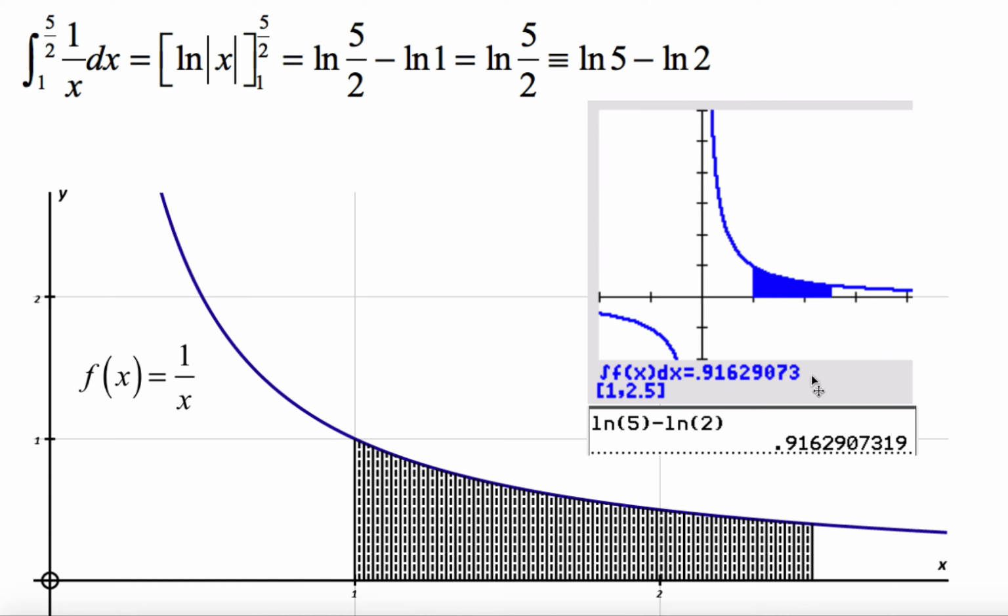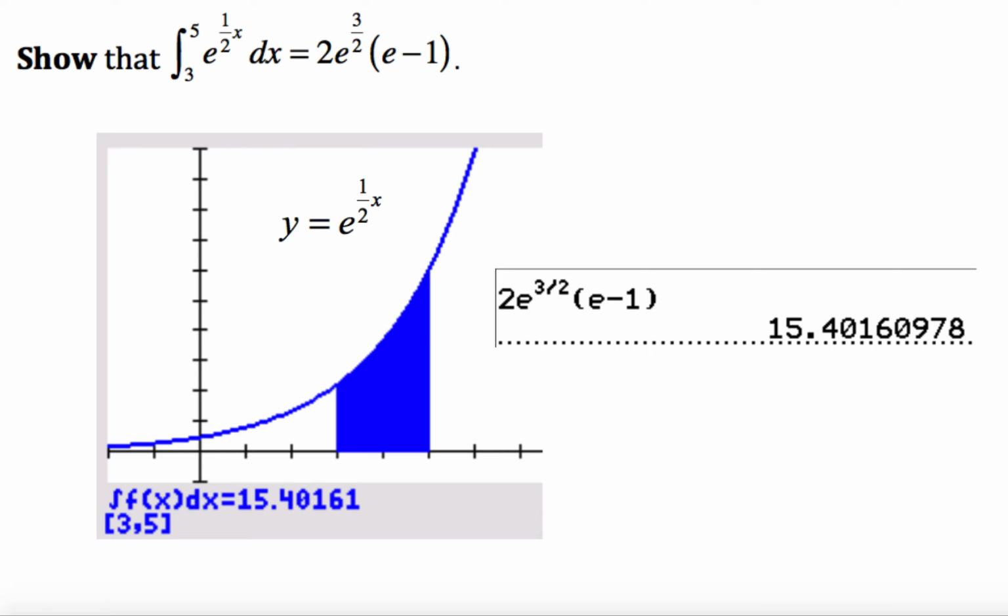And so that area ends up being given directly by your GDC, about 0.916 or so. And I've just put under here to remind you, in a paper 1 sense, ln 5 minus ln 2 ends up being exactly the same value. So once again, it's confirmed.